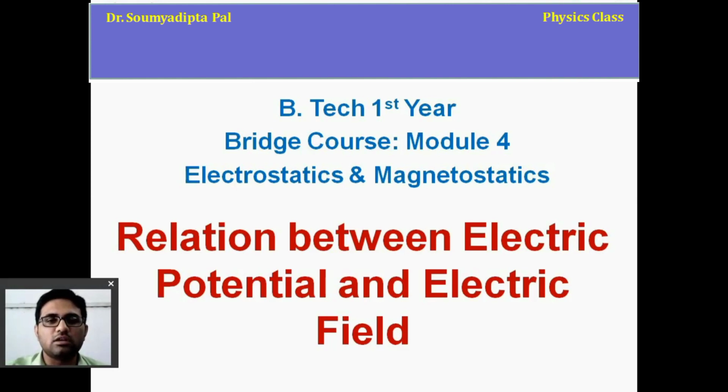In the last lecture, we discussed the conservative property of the electric field, and we have seen that if a unit charge is moved from one point to another, then E dot dl along that path will be path independent. That means it depends on the initial position and the final position of the charge.